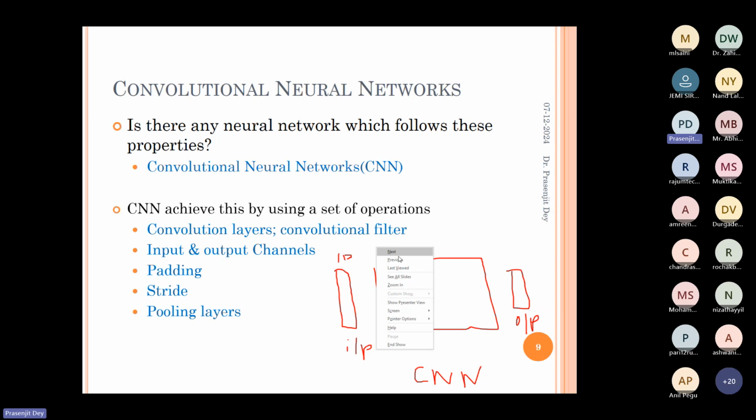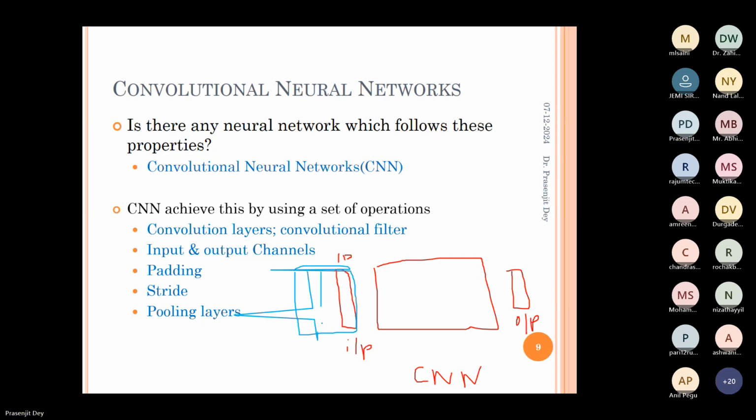Instead of 1D, it will be a 2D grid of image that will be fed into the hidden layers of convolution neural network.